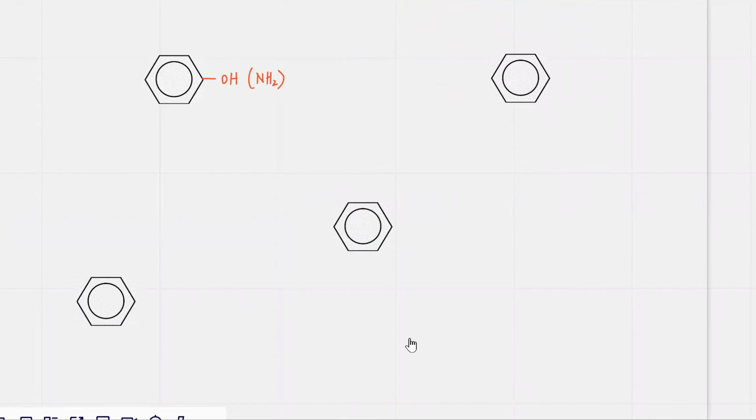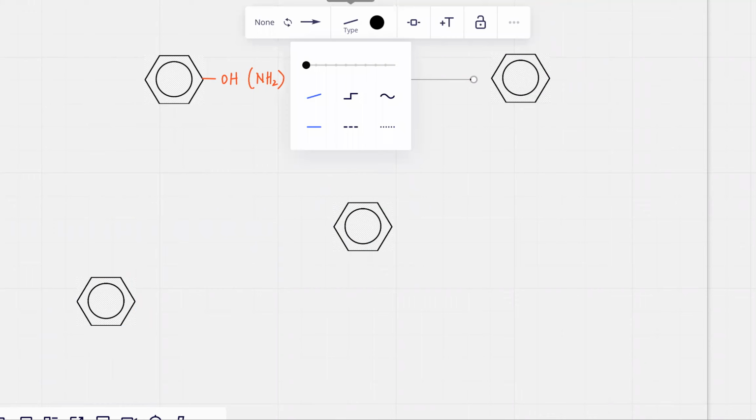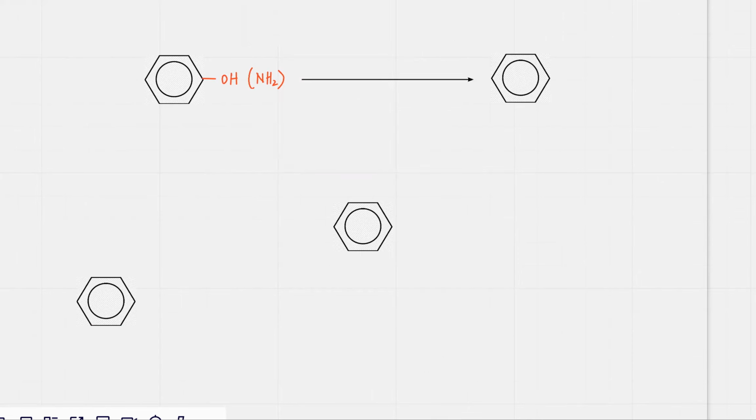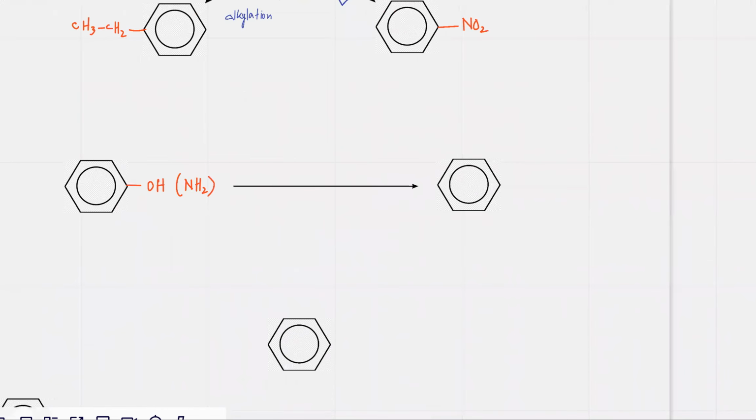The first one, starting with this, is going to be 2,4,6. If you reacted with bromine, what will happen is that the OH or NH2, I should have written or NH2, the bromines are going to get attached to all 3 positions.